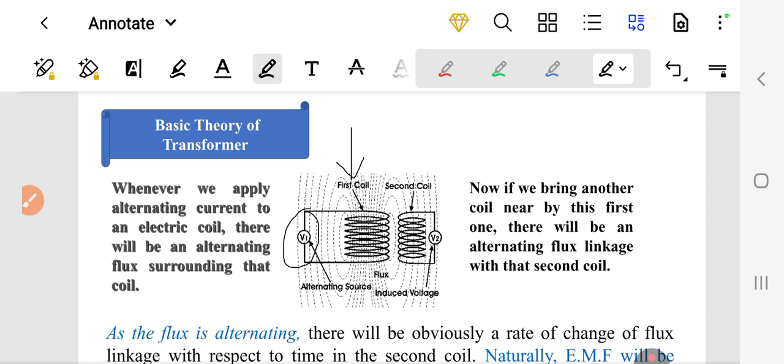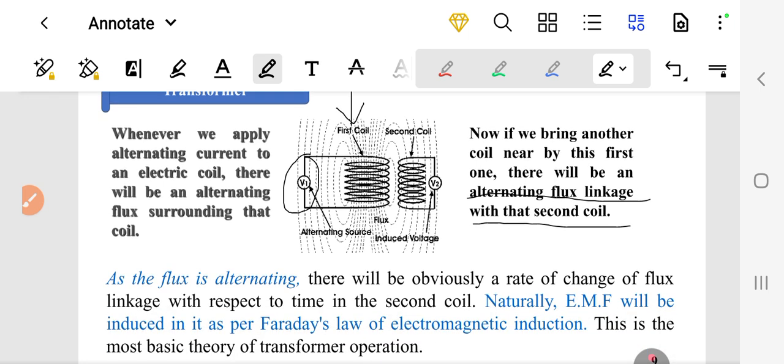If we place another coil nearby the first coil, there will be an alternating flux linkage with the second coil. The flux will link from the primary coil to the secondary coil. As the flux is alternating, it has a rate of change, or a rate of change of flux linkage with respect to time in the second coil, and EMF will be induced according to Faraday's law of electromagnetic induction. This is the most basic theory of a transformer operation.